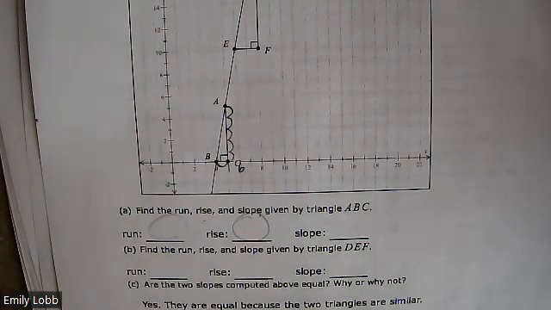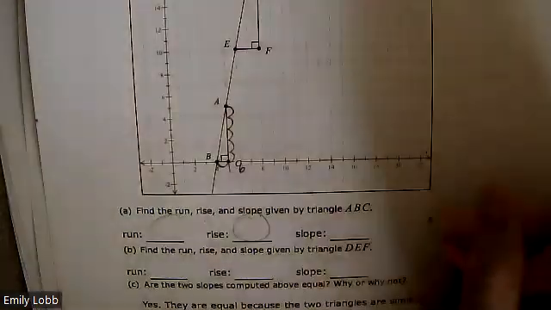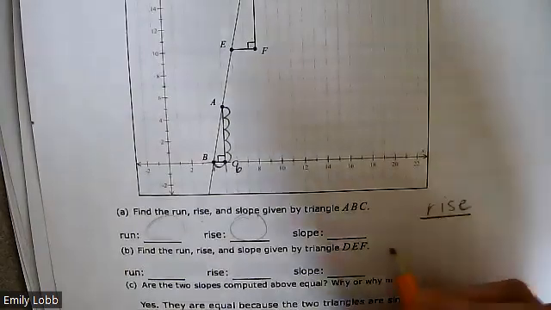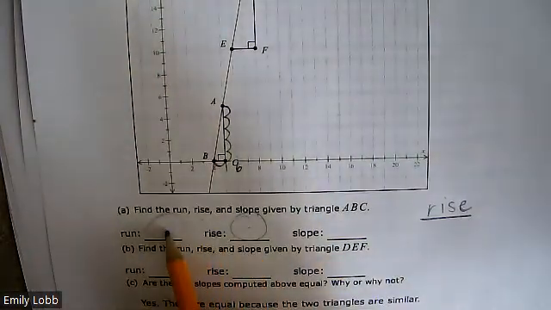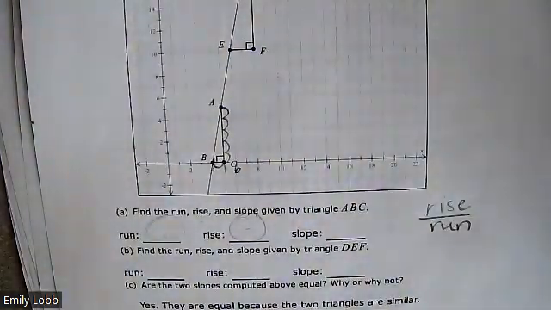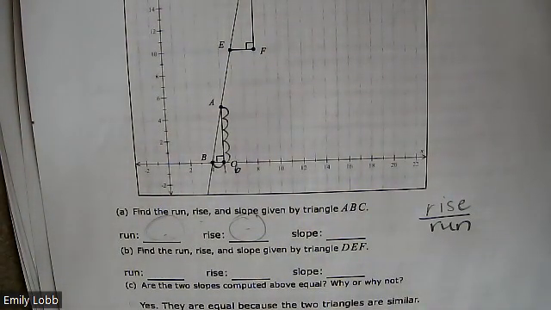What do the run and the rise have to do with the slope, Mason? Rise over run is the slope. So in your calculator, you can do what you had for here, divided by here if you'd like, or you can leave it unsimplified as far as I care.